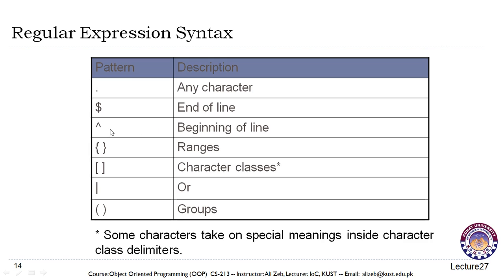When we want the whole line to be considered as an expression, we use these beginning-of-line and end-of-line symbols. Curly brackets show the range for our expression. For example, as we saw, if we have one integer between these two curly brackets, then we want to match exactly that number of integers. We can define our own character classes between these square brackets.